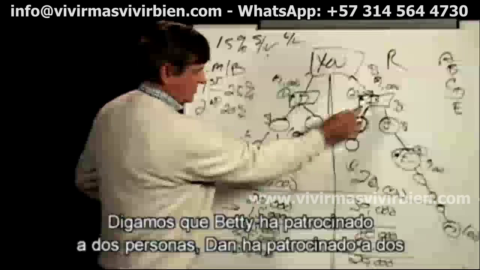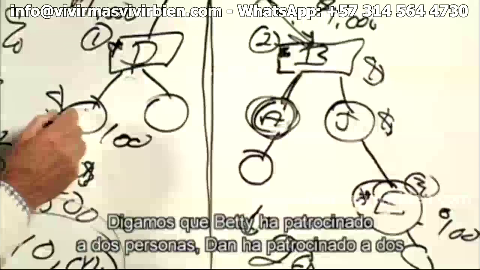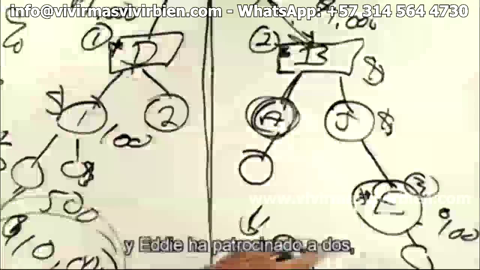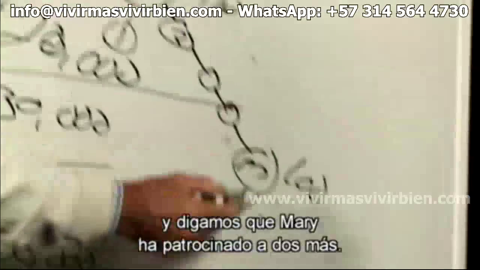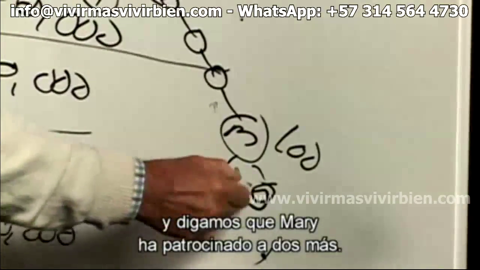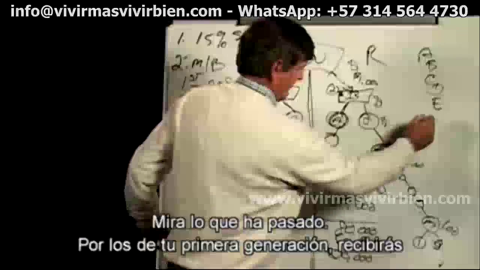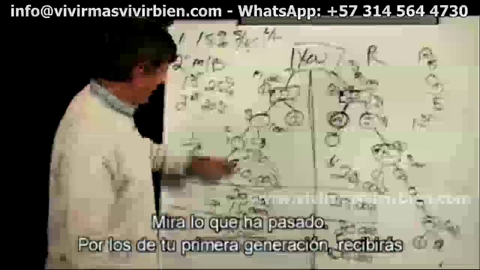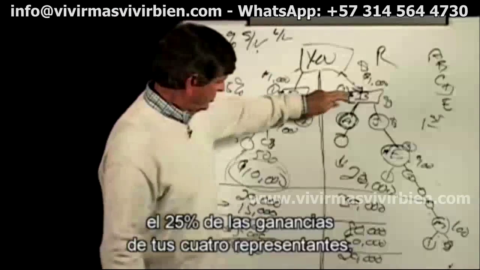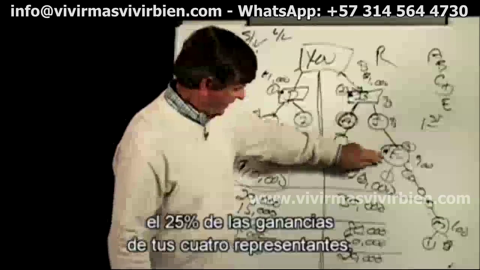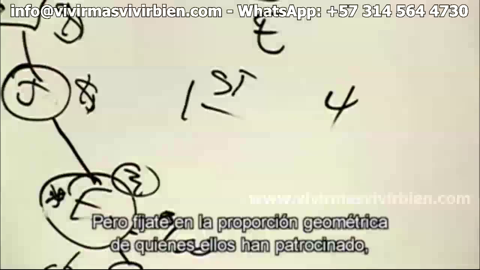Let's say that Betty sponsored 2 people, Dan sponsored a couple of people, 1 and 2, and let's say that Eddie sponsors a couple of people, 1 and 2, and let's say that Mary sponsors a couple of people, 1 and 2. Well, look what happened. On your first generation, you'll get paid 25% of all their earnings on 1, 2, 3, and 4 reps, okay?